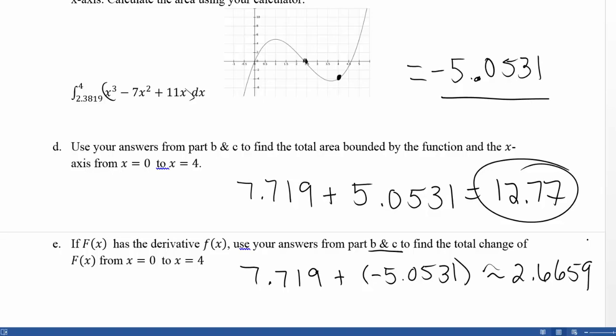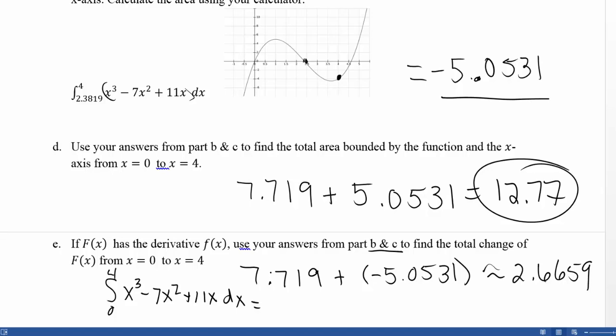I could have also taken my original function and integrated it from 0 to 4. So from 0 to 4, x cubed minus 7x squared plus 11x dx. Because my calculator will also count area above as positive and area below as negative.